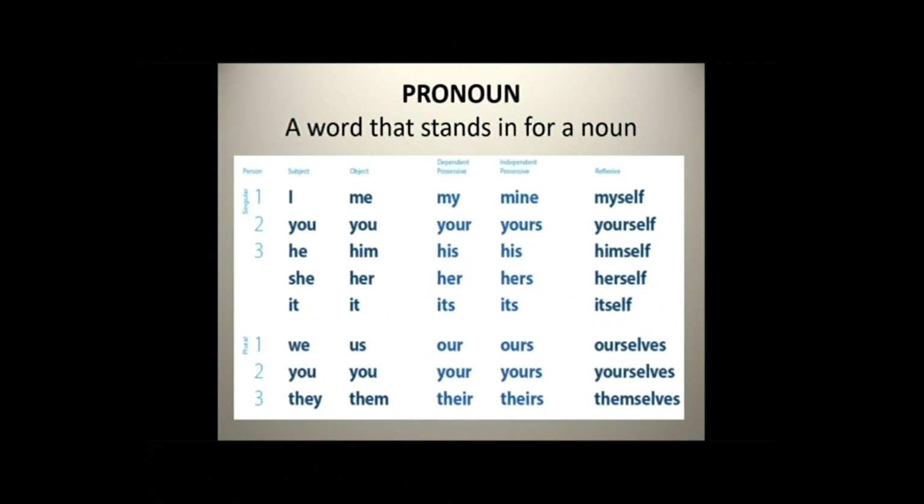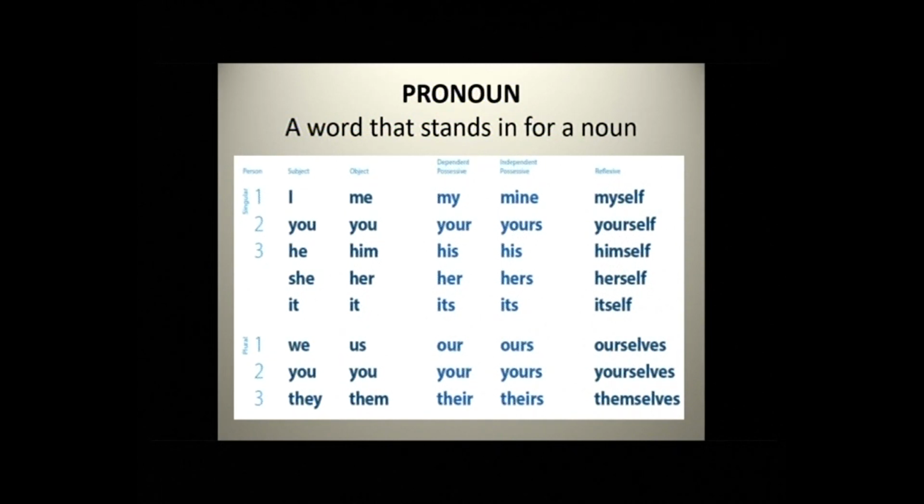First person plural pronoun is we. Then when it is used in the object, it becomes us. And ours, our, ourselves. So these are the further forms of this pronoun. Then second person plural we have you, again object as you. Then dependent case is your.